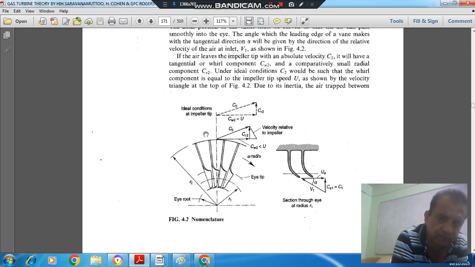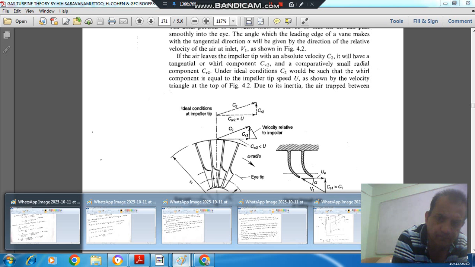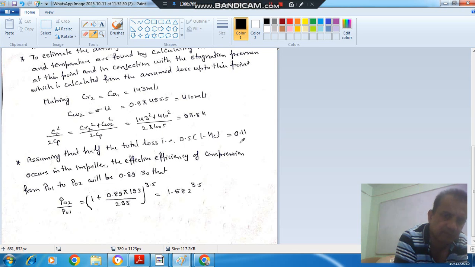As we are concerned with this part, up to that the losses will be 0.5 into 1 minus efficiency, that is 0.1. So these will be your losses, or if these are the losses up to the impeller, then the efficiency is 0.89.